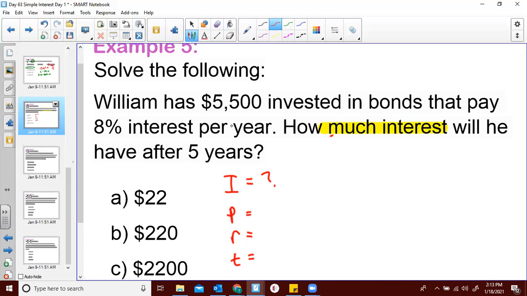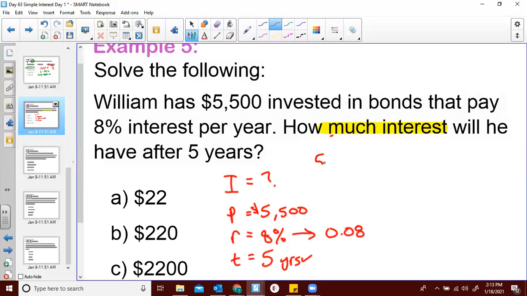Remember, principal is our initial amount of money, so that's going to be $5,500. Our rate is going to be 8%, but we know we want that as a decimal, so we will actually have 0.08. And our time is going to be 5 years, and that's in years, so that's good to go.